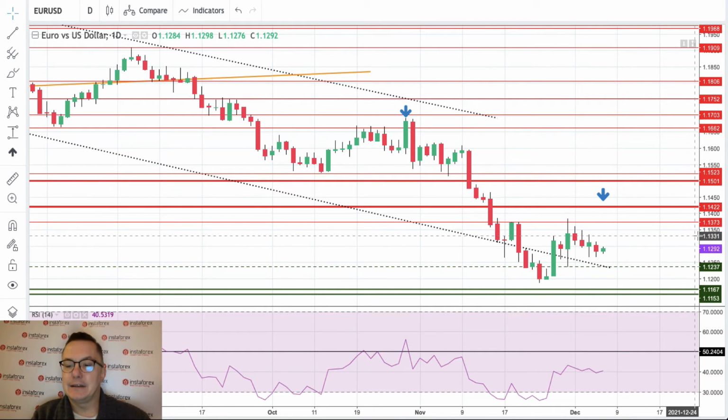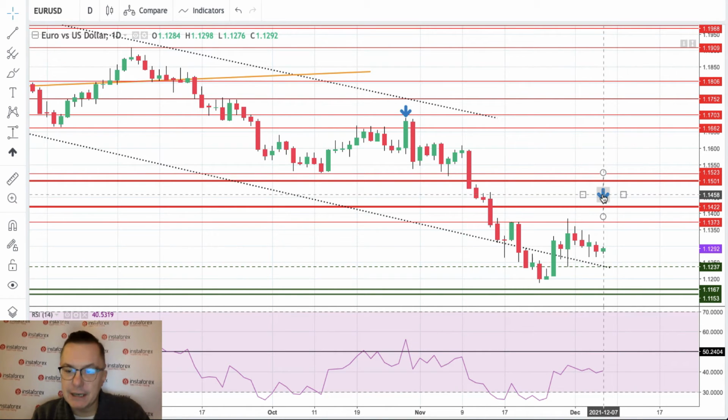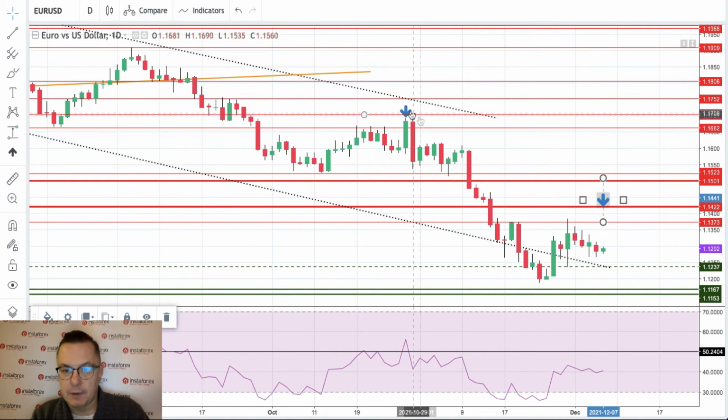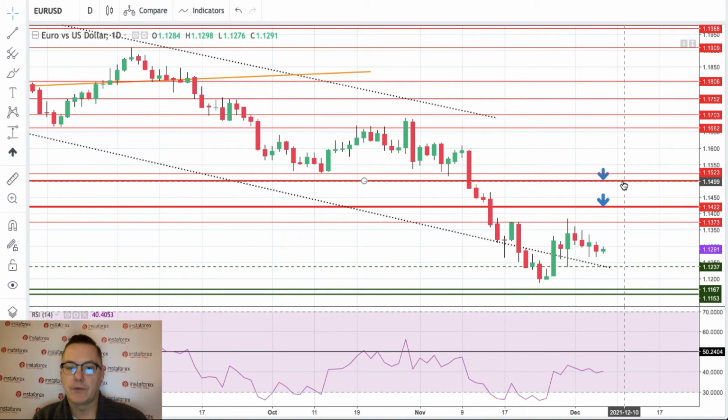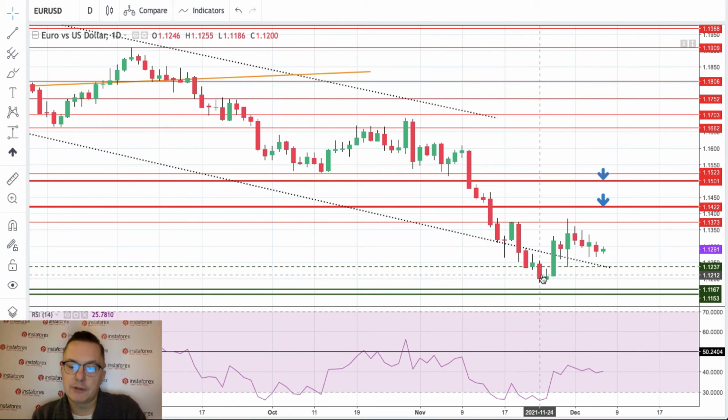The key technical resistance 1.1422 is this one here, and only if we break above that level can we then test 1.1501, which is the game changer. This is the level that changes the outlook from bearish to bullish. So far, local resistance 1.1373, nothing is going on here. Local support 1.1237, and the lows of the 24th of November 1.1255.